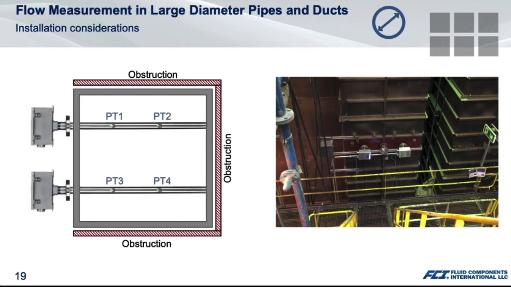In this case, we would install 2 mast-type flow elements, each having 2 points, and both of those flow elements will be connected to one single remote electronics. The remote electronics will take the average of the 4 points, giving out a 4-point averaged flow measurement.